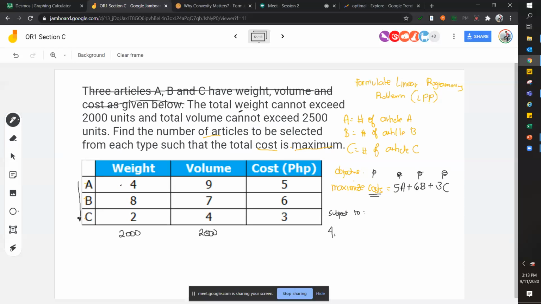So, I have 4A. Ulit, pababa tayo, di ba? Ayan o. Plus. Tapos, bakit less than or equal?